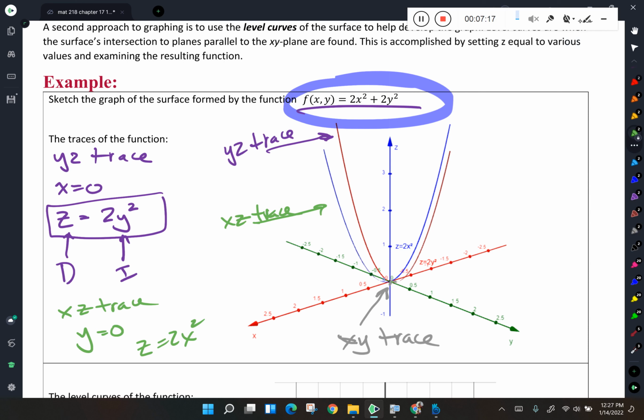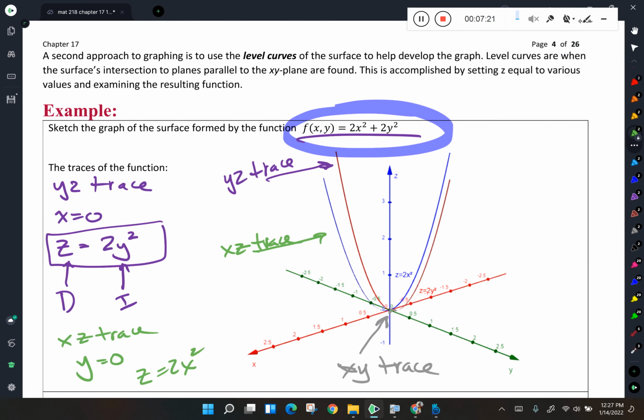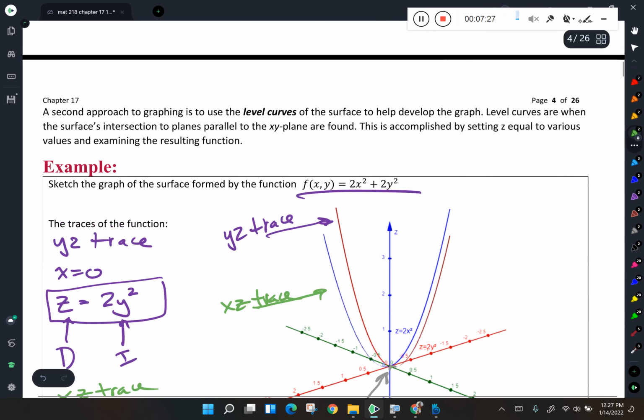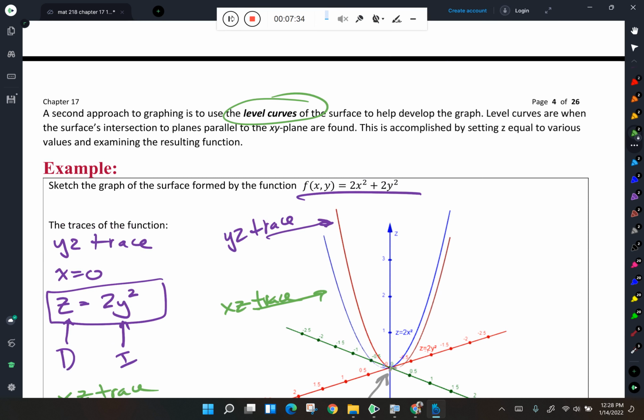So what I'm going to do is use another set of helpers, I guess we'll call them, some graphing tools that I can find. And that's going to be what we call our level curves. Now, a level curve for a graph is a value found when we set z equal to various values and examine the resulting things.